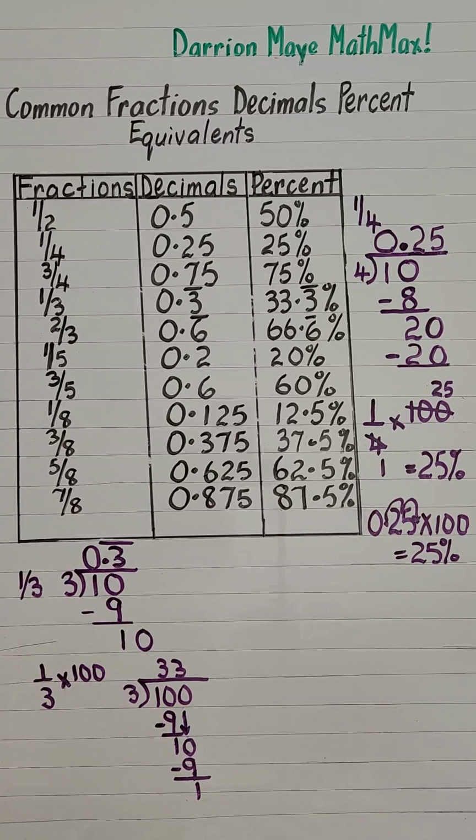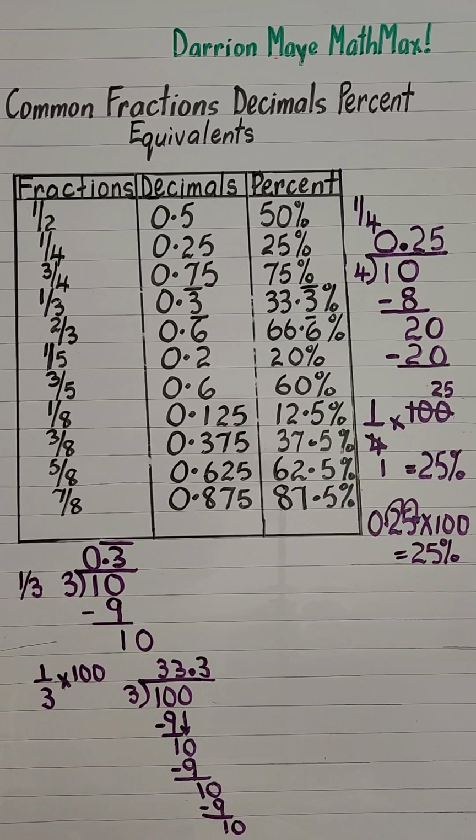We subtract. 10 take away 9 is equal to 1. And there are no more numbers to bring down. So it's a decimal. So we're going to put a point and add a 0. And we already know that 3 goes into 10 3 times. And we subtract, we get 1.